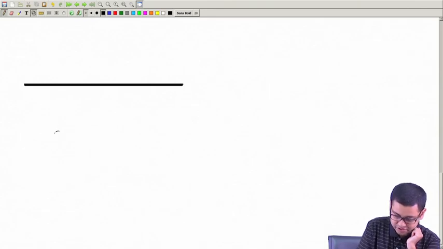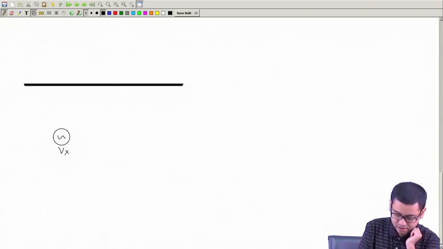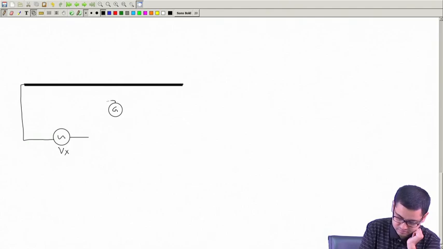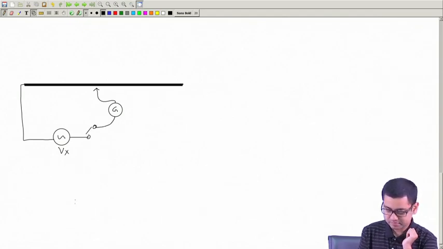So let me have this unknown voltage Vx AC. We connect it like this through a galvanometer. This jockey can move along the wire. So we can connect it here.